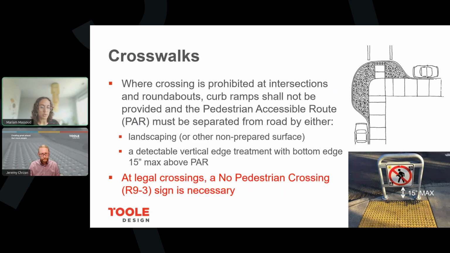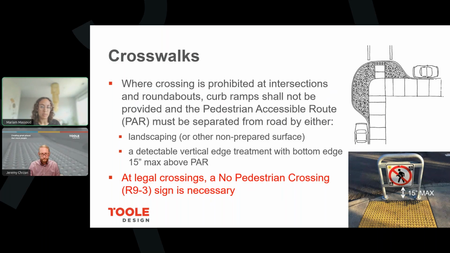There's another option if you don't do landscaping or grass or something like that. You can use a vertical edge treatment. It has to be detectable, so PROWAG limits the bottom edge of that treatment to a maximum of 15 inches above the sidewalk. Then you would also have to put up a no crossing sign, which is shown in the picture, if you're prohibiting crossing there.